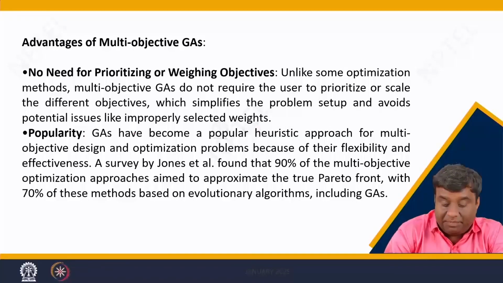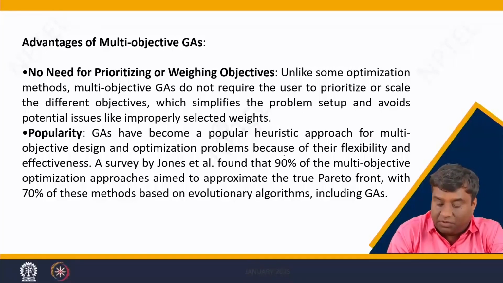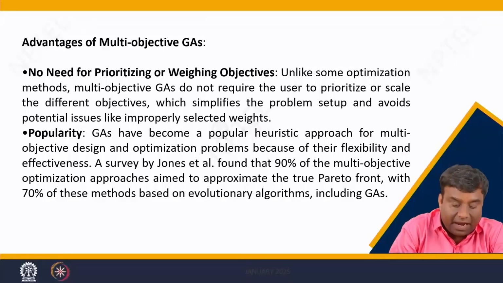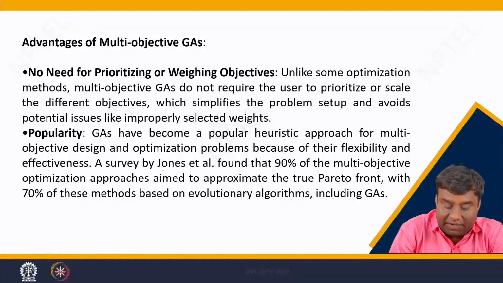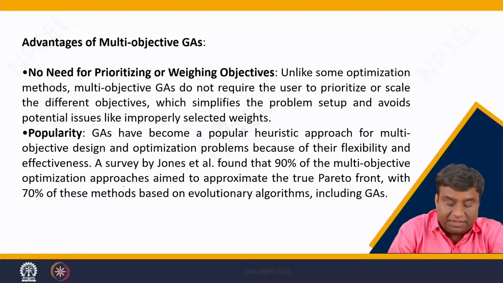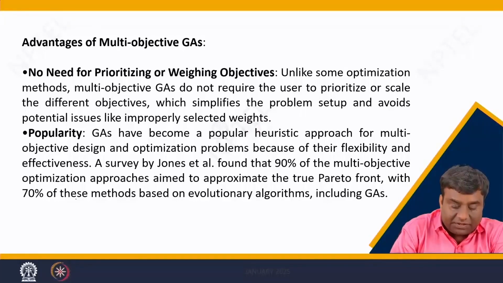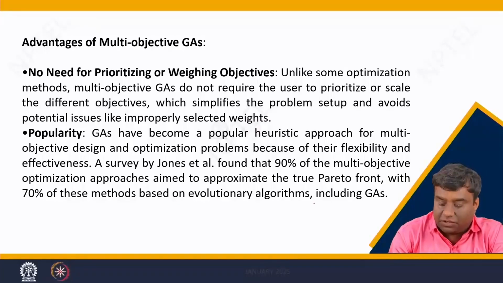Genetic algorithms have become a popular heuristic approach for multi-objective design and optimization problems because of their flexibility and effectiveness. A survey by Jones et al. found that 90% of the multi-objective optimization approaches aim to approximate the true Pareto front, with 70% of these methods based on evolutionary algorithms, including genetic algorithms.